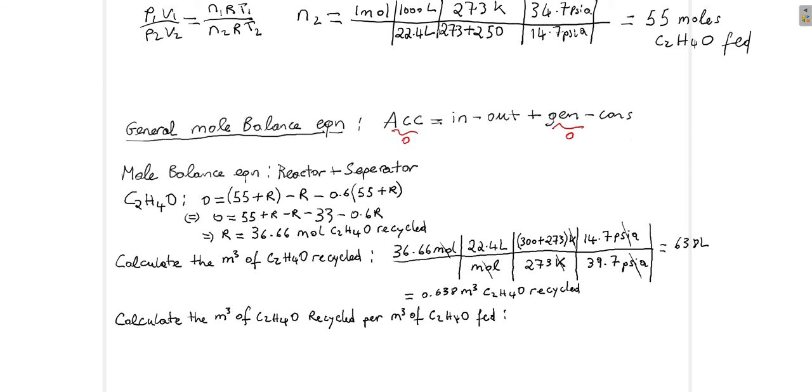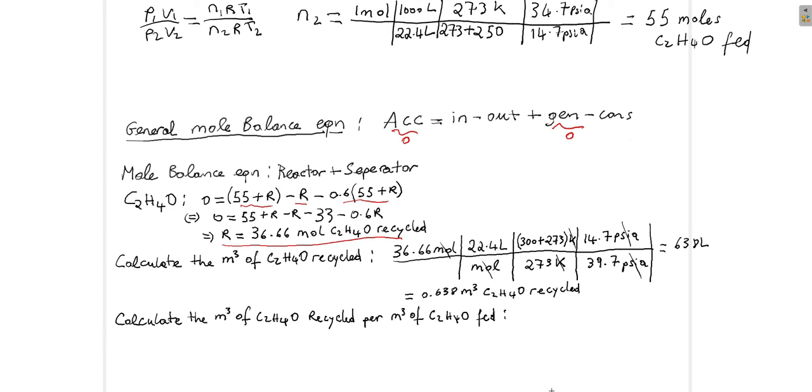Therefore, the number of moles entering the system in the C2H4O balance will be 55 plus R, minus the number of moles out, which will be R, minus the consumption, which will be the fractional conversion of the limiting reactant, which is 0.6, times 55 plus R. And we end up with R equal to 36.66 moles of C2H4O recycled.